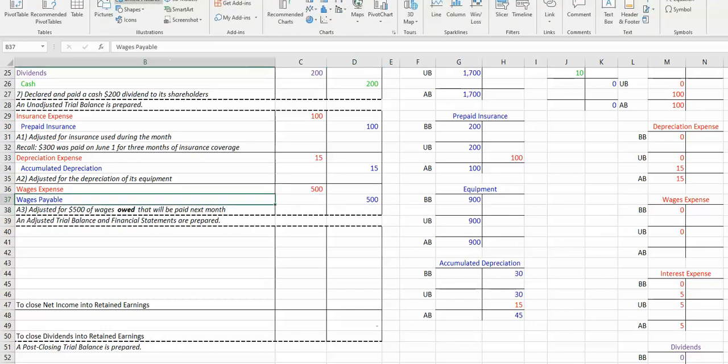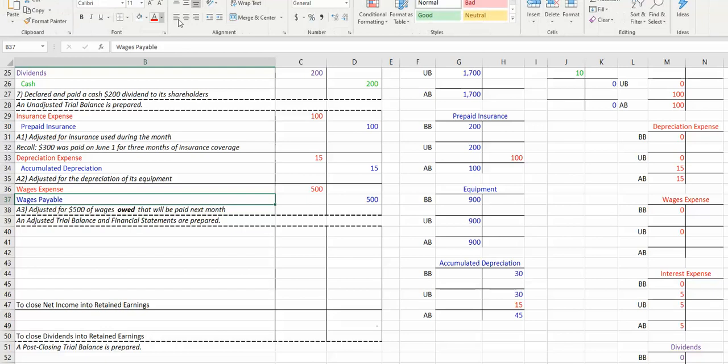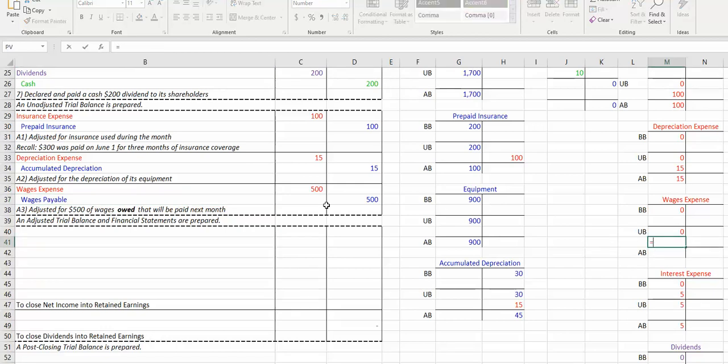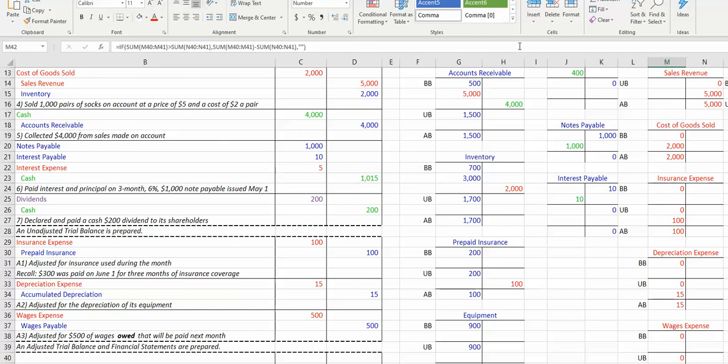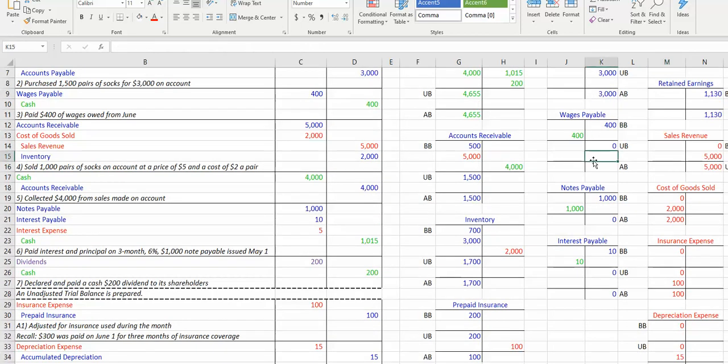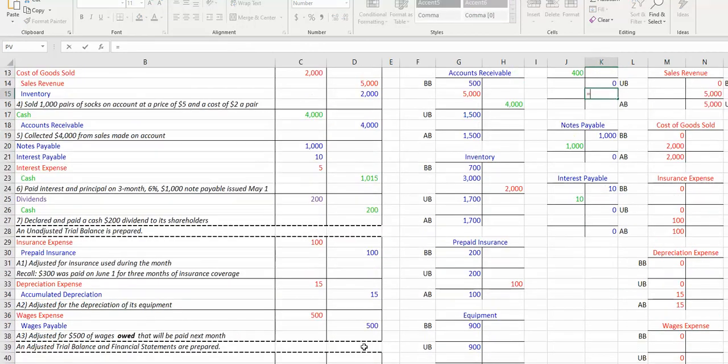The second trial balance is called an adjusted trial balance, and then we can do our financials. But let me go ahead and finish posting my wages expense, debit wages expense, making shareholders' equity go down, and credit wages payable for this month's service that we owe.